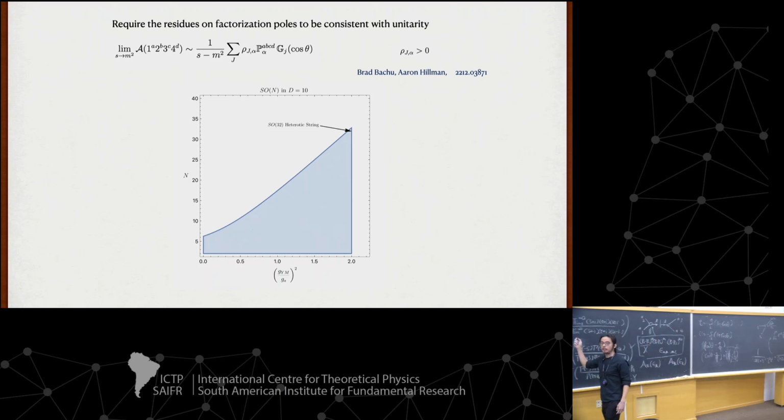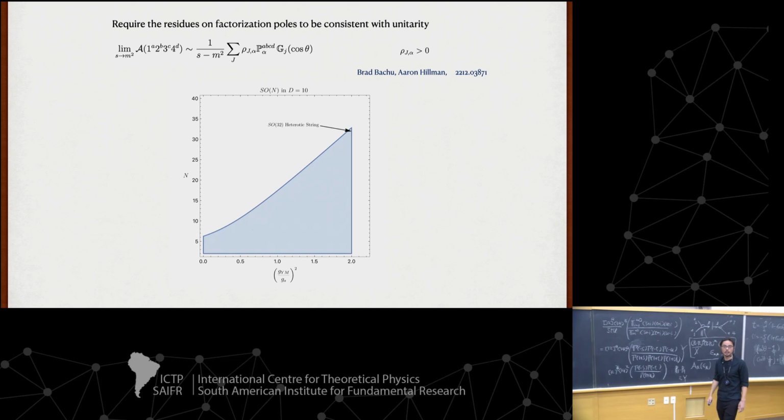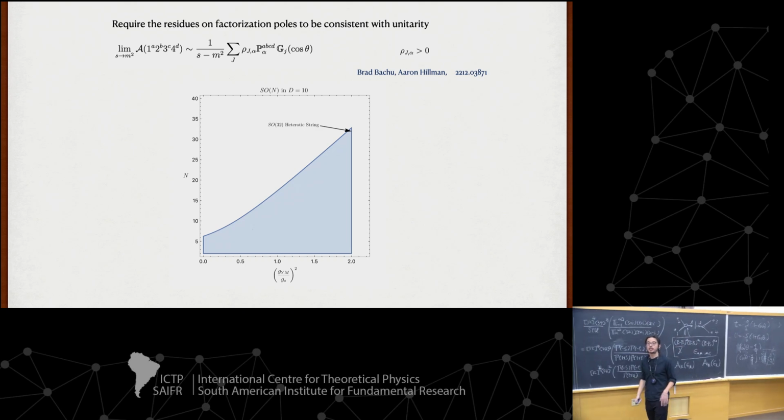So this kind of plot is going to be the kind of plot that you will see in the remainder of the talk, where I impose the consistency conditions on some kind of parameterization, and ask what is the space that these consistency conditions allow.